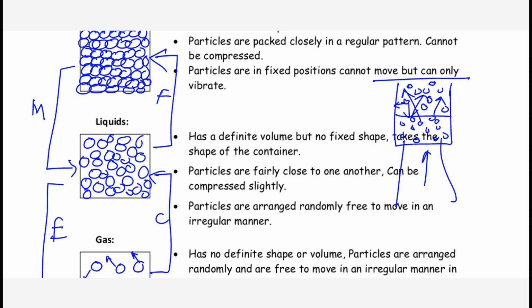Now, there are certain solids which have very strong interactions between the molecules, for example iodine, which is a molecular substance, and diamond and graphite, which have very strong covalent bonds between the atoms.